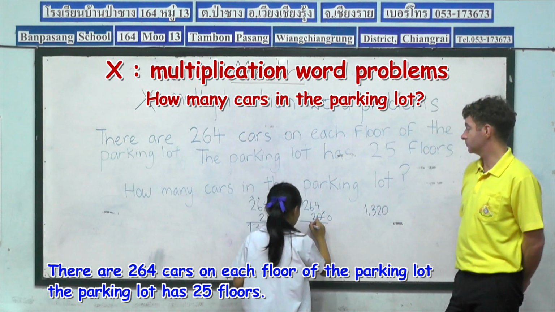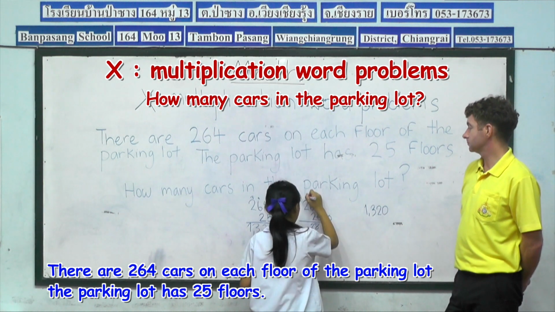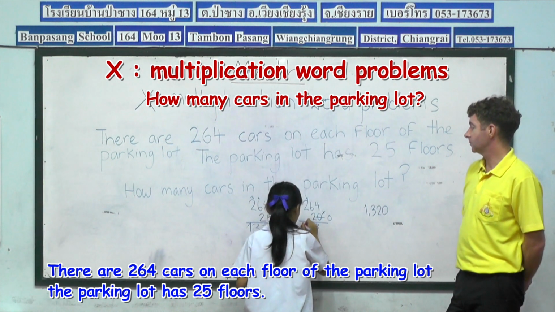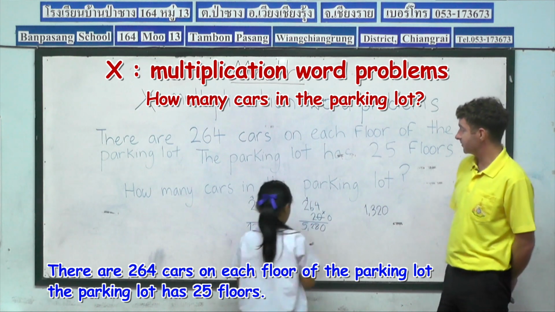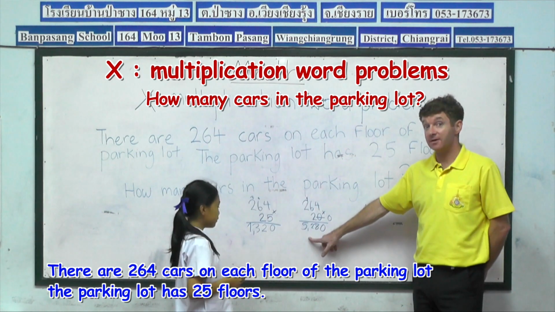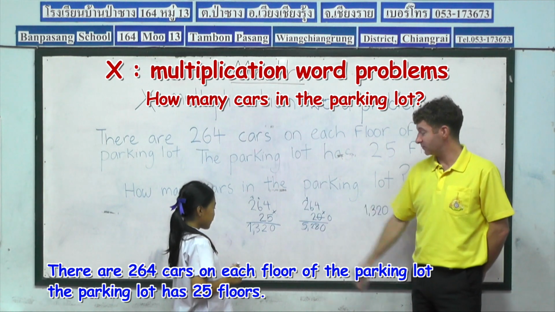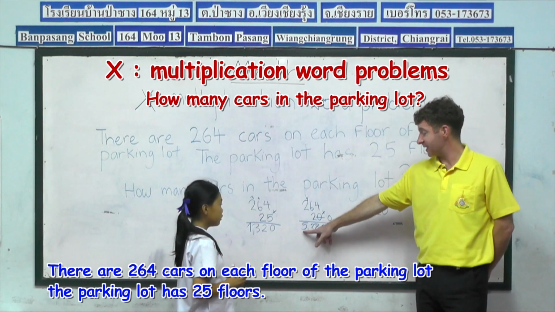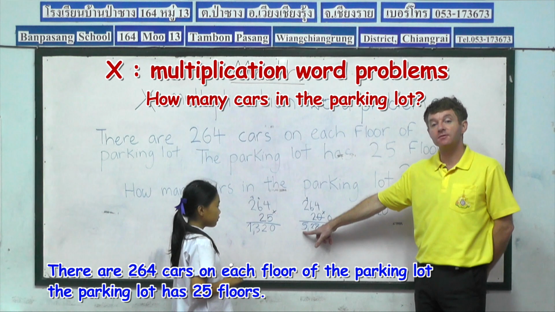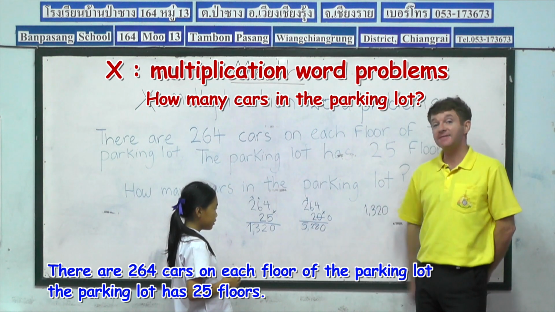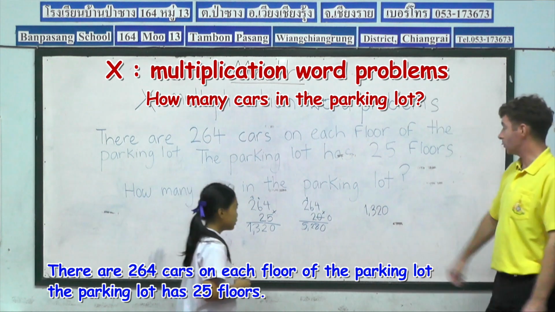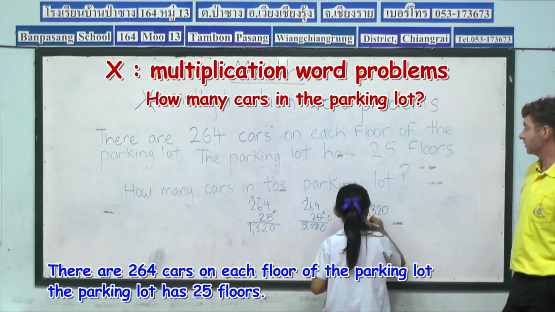Equals 12. Excellent. And then our 0 comes back at the end, so we write our comma, as Nadia has done, between the hundreds and thousands. And now, our second answer, 5,280.